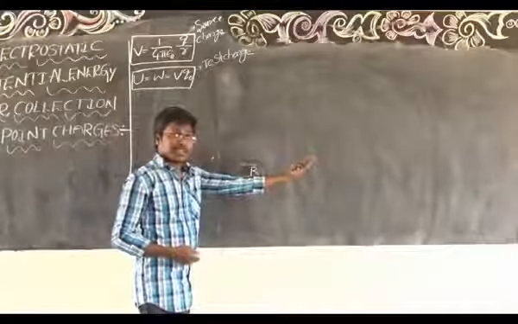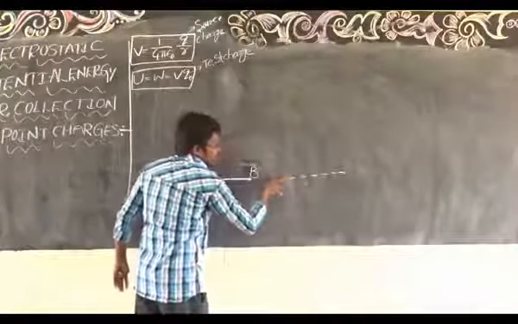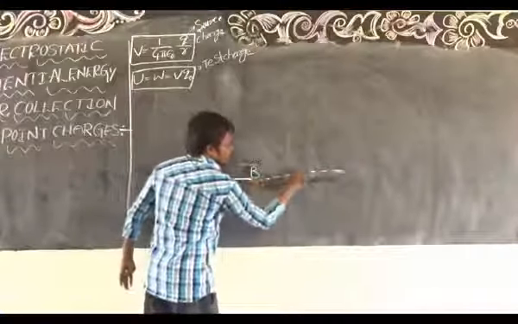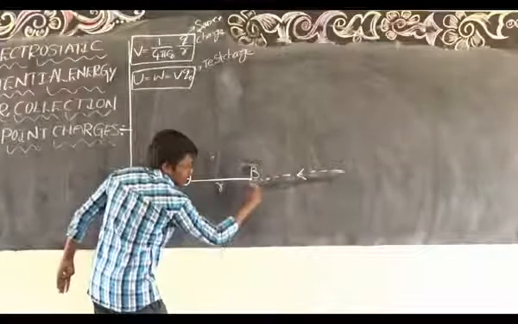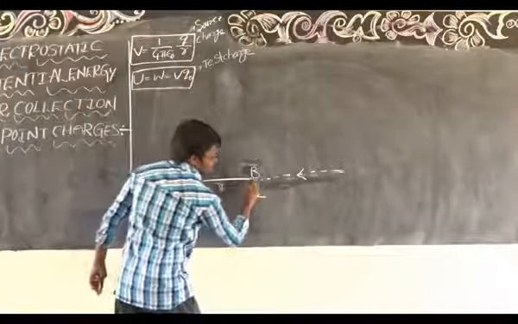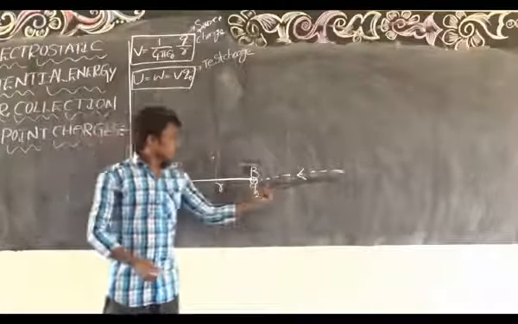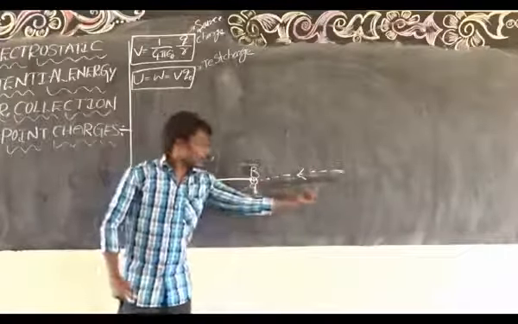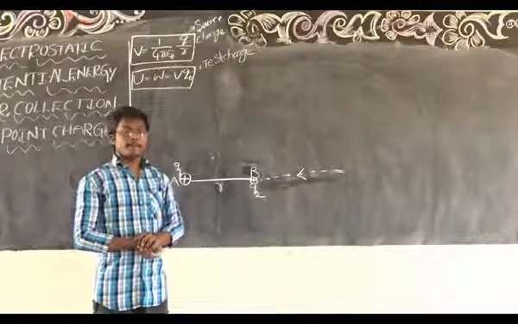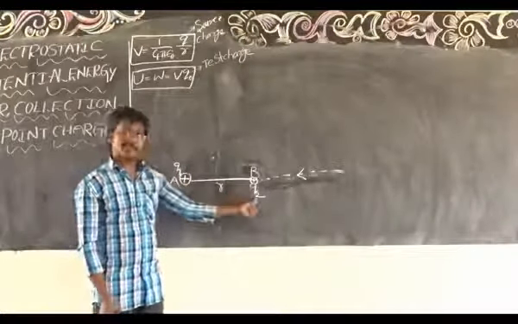Some test charge is coming from infinity to point B. The test charge is Q2. Here, this is the source charge, and this is the test charge.